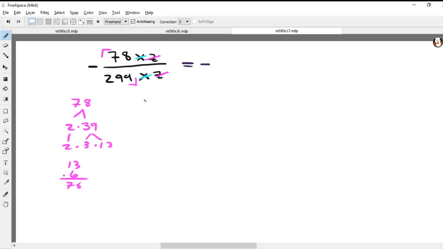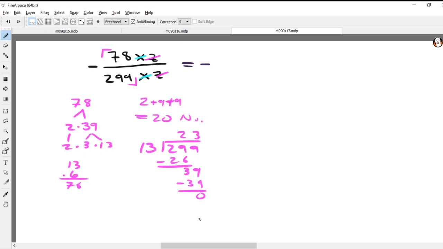Let's see. Does 3 go into 299? 2 plus 9 plus 9 is 20, so no, because 20 is not divisible by 3. I know 2 doesn't go into 299. What about 13? Let's check 13 into 299. 13 goes into 29 2 times. 13 goes into 39 3 times, and it divides cleanly.